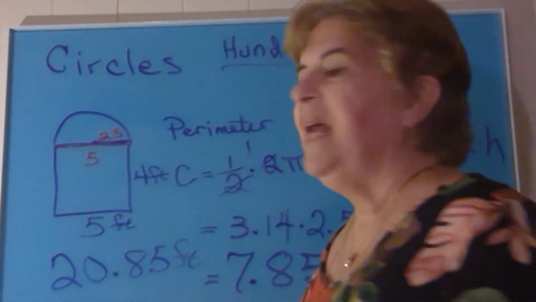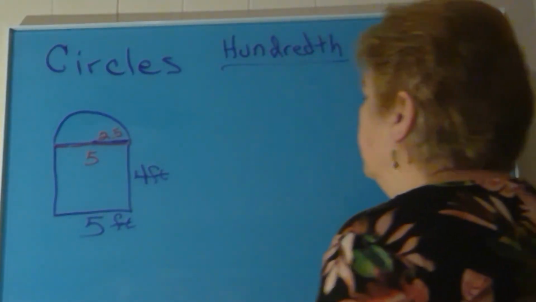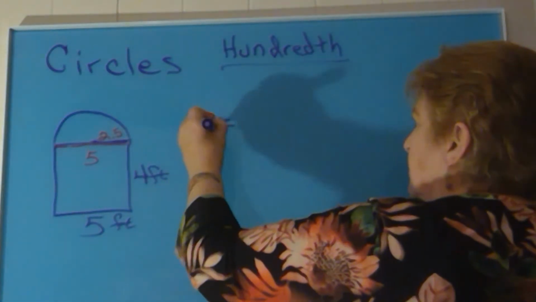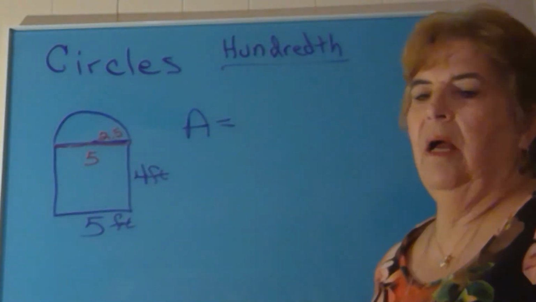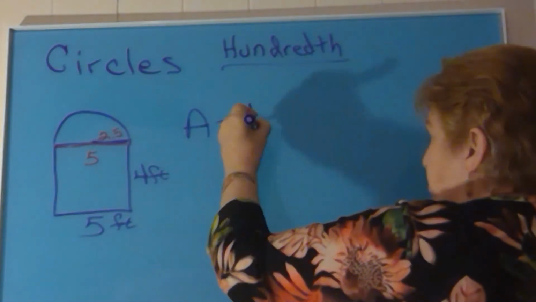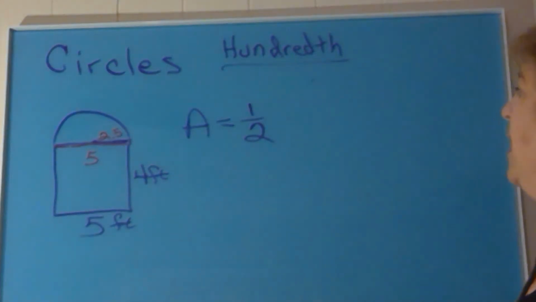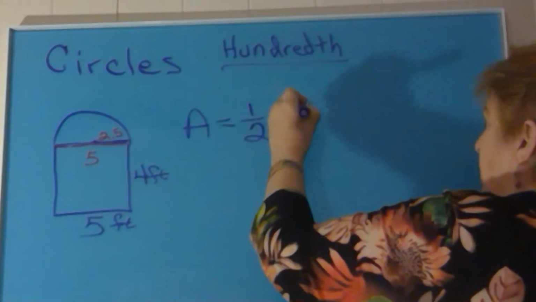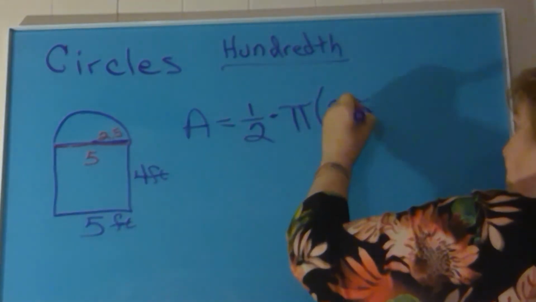Okay, let's find the area of this figure. Okay, to find the area of the top, which is a circle, but it's only half a circle. So whatever the area is, we're going to multiply it by 1/2. And the area is pi times r squared, and r was 2.5.